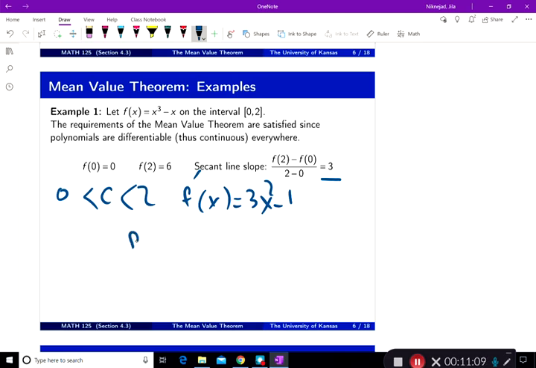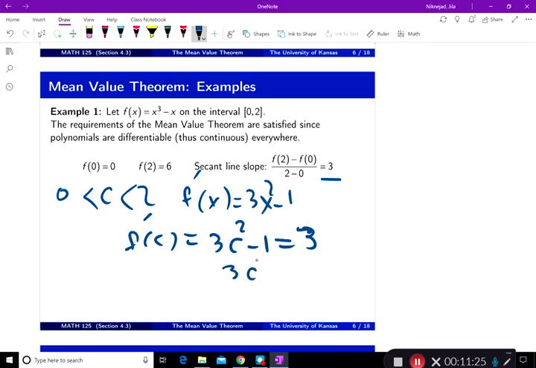That is, f prime at c, which is 3c squared minus 1, should be equal to 3. So the mean value theorem tells me that, but then I can also solve this equation.